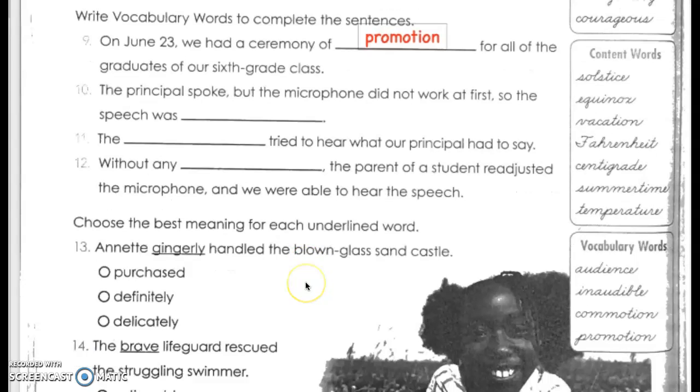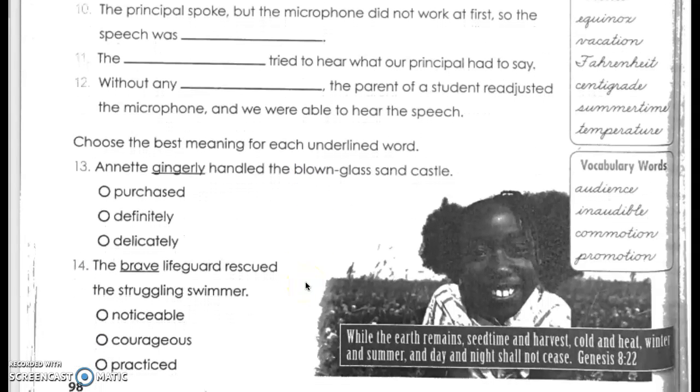Lastly, choose the best meaning for each underlined word. We're looking at synonyms, words that have similar meanings. So you can definitely use the Kids Dictionary that I'll link here as well for help. So 13, Annette gingerly handled the brown glass sandcastle. So you kind of use context clues to guess the meaning. So sandcastle must be very, you have to be careful with it.